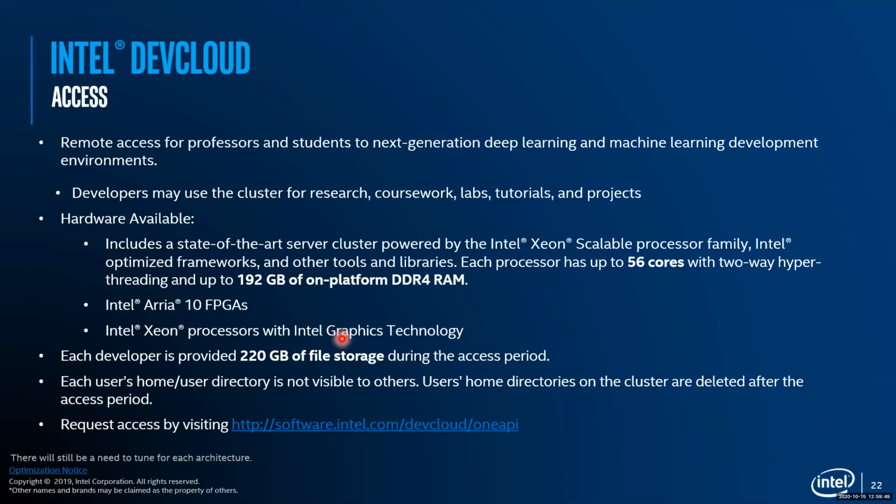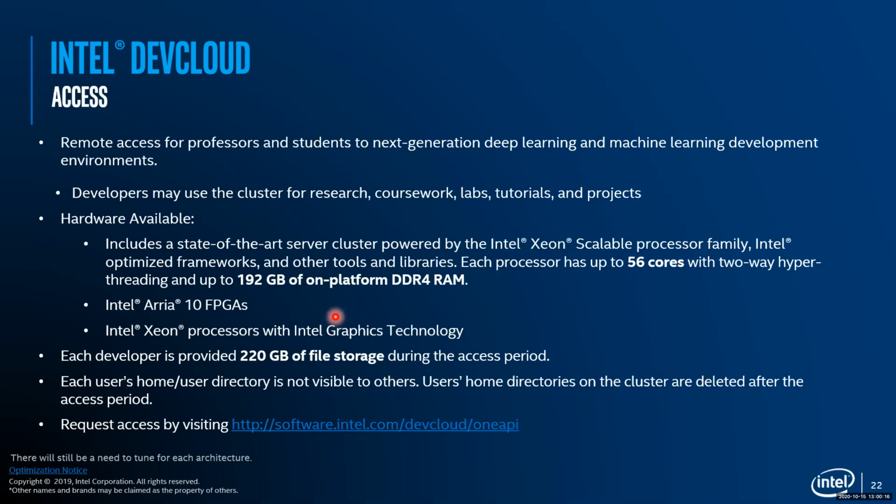Also more than 70 nodes of Gen 9 graphics, so that you can test on the Intel GPUs. You can also get 228 gigabytes of file storage, which is mapped to a file storage system. This whole thing uses a queue system, which we'll show you shortly.